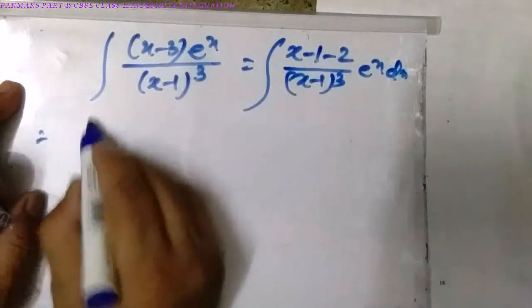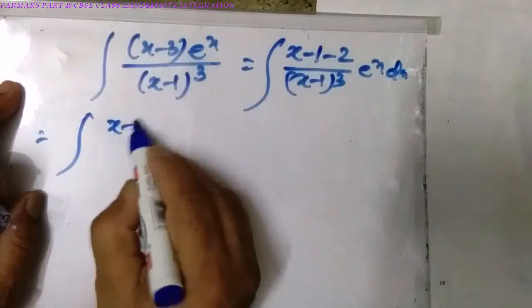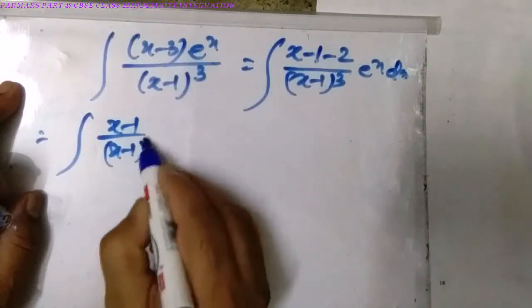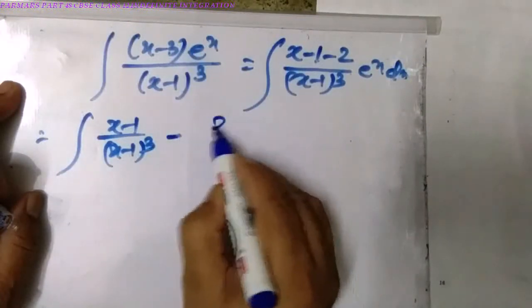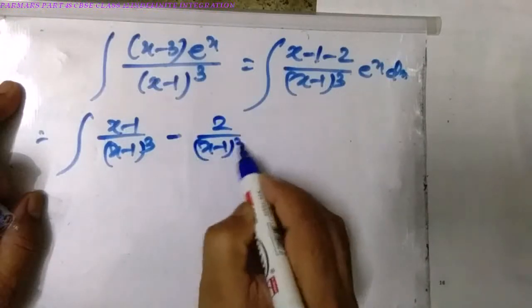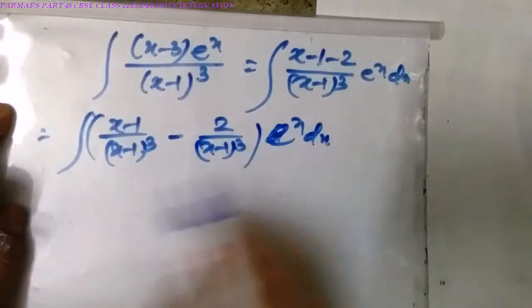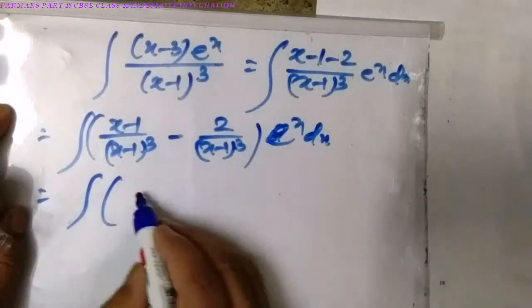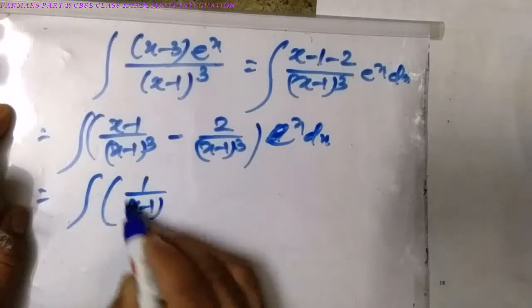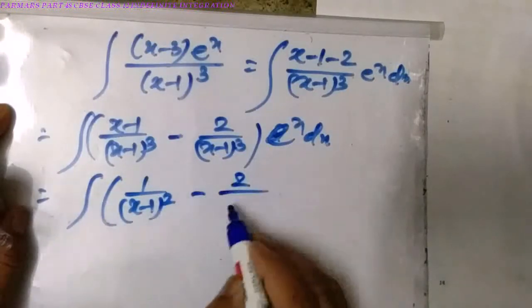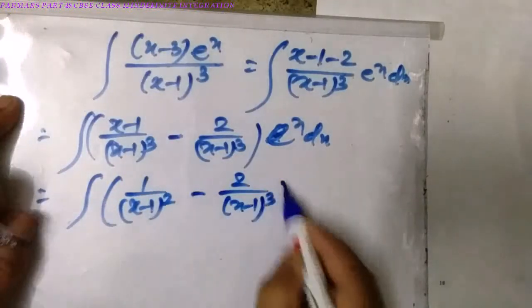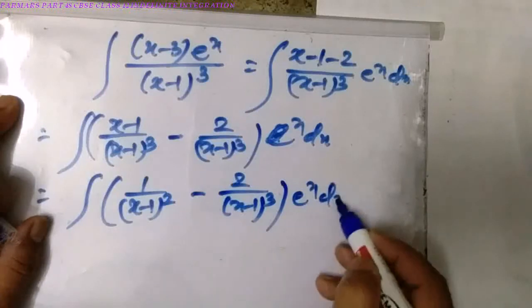Then (x − 1)/(x − 1)³ minus 2/(x − 1)³, times e^x dx. What do you find? That 1/(x − 1)² minus 2/(x − 1)³, times e^x dx.